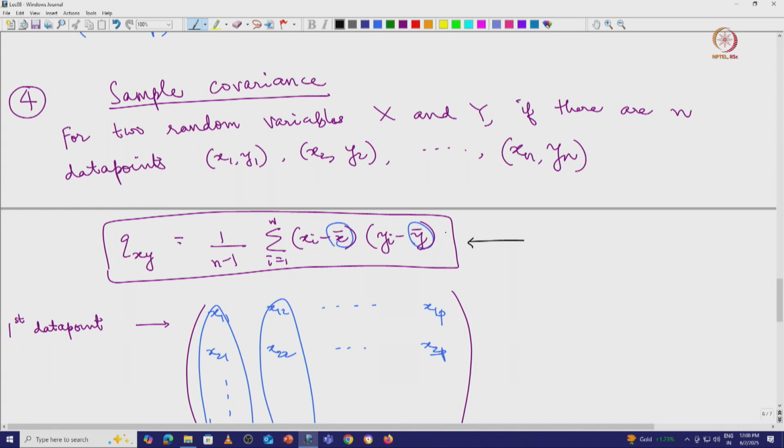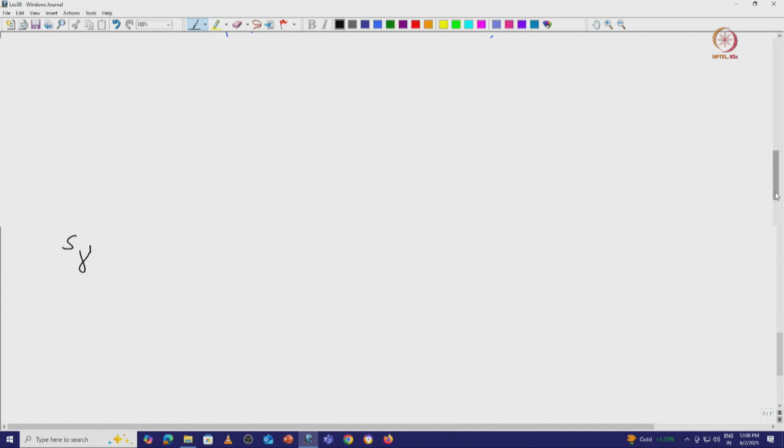Instead here we will talk about each variable with the other. So instead of using x and y as the subscripts of q, you will actually use s_jk. You are trying to define the covariance between the 2 variables whose indices are j and k.